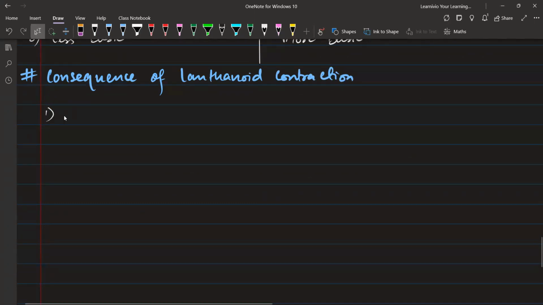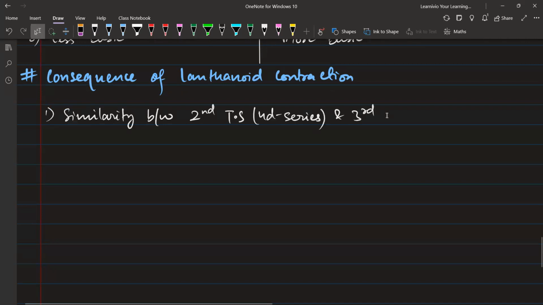First consequence is similarity between the second transition series, that is the 4D series, and the third transition series, that is the 5D series.